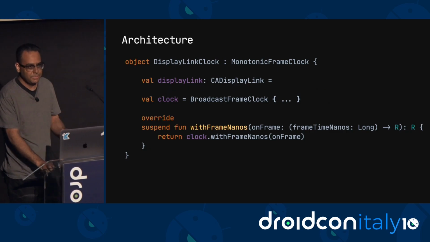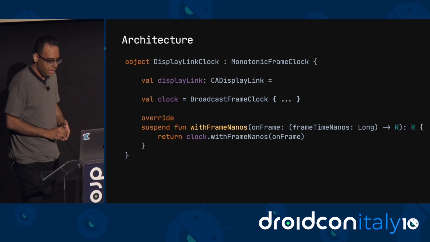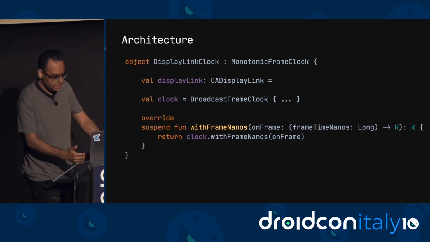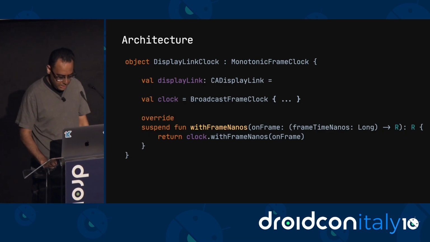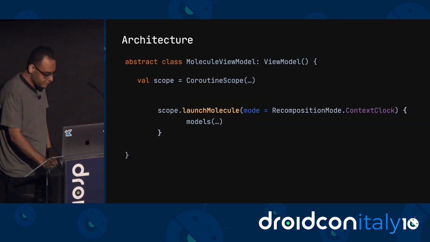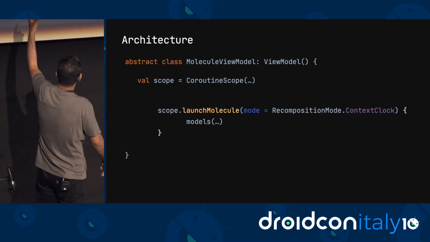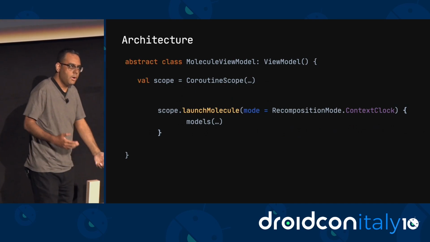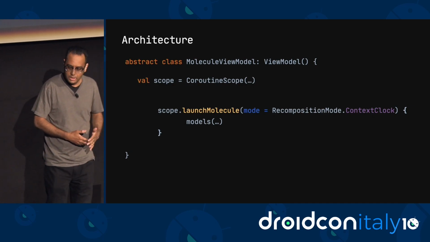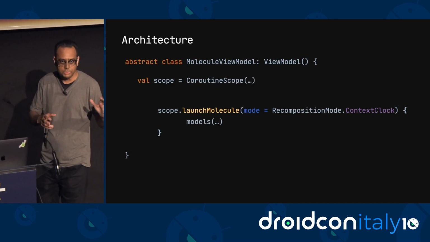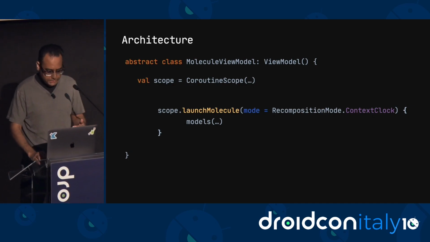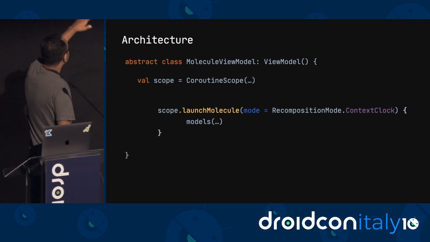So this is the display link clock that Molecule utilizes that we're going to use, right? Basically the way it works is that Molecule provides an extension on the scope called launchMolecule. Why is it called Molecule, like chemistry, right? Because there's a nerdy analogy which I won't get into. But basically in there, I have a models method.